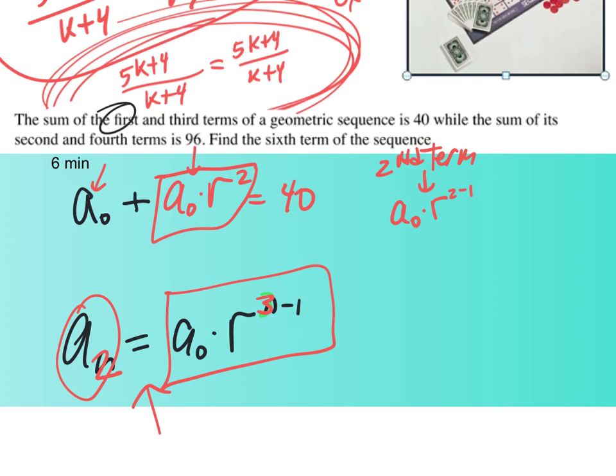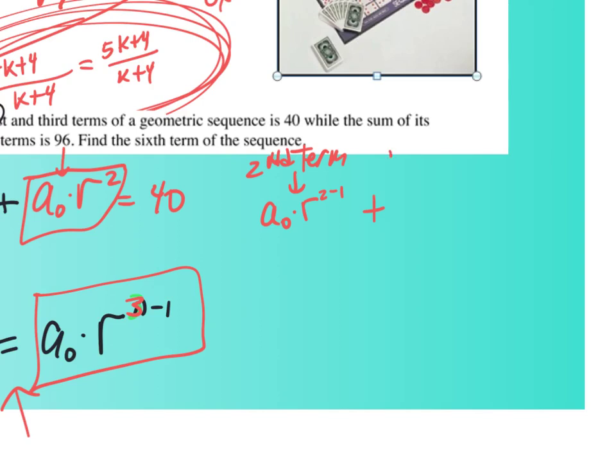Now I've got to add the fourth term. The fourth term would be a sub 0, nope, I keep wanting to say plus there, times r to the, if it's the fourth term, 4 minus 1. And that's supposed to equal 96.